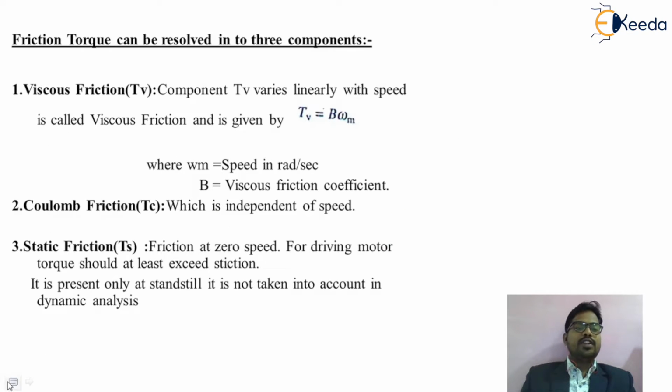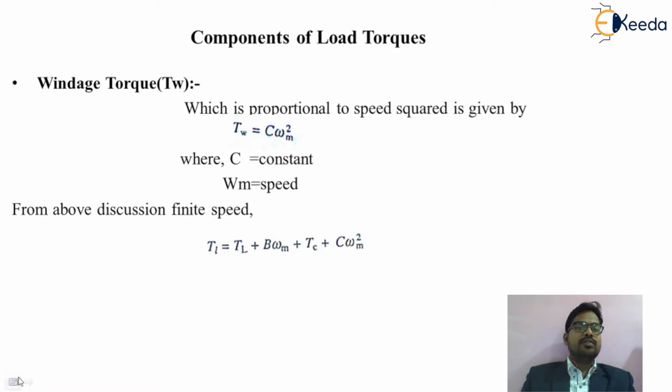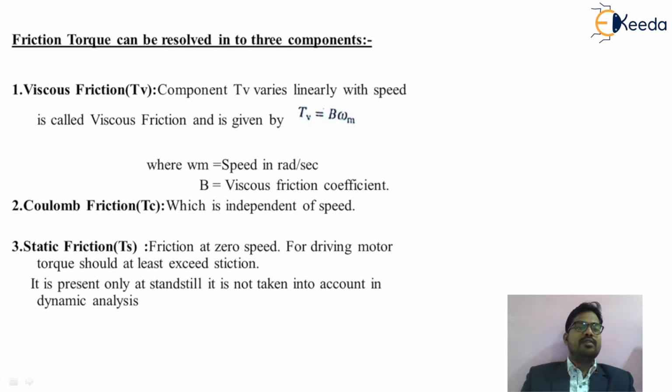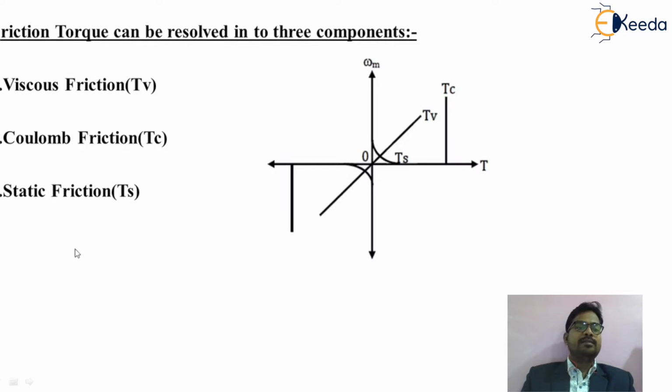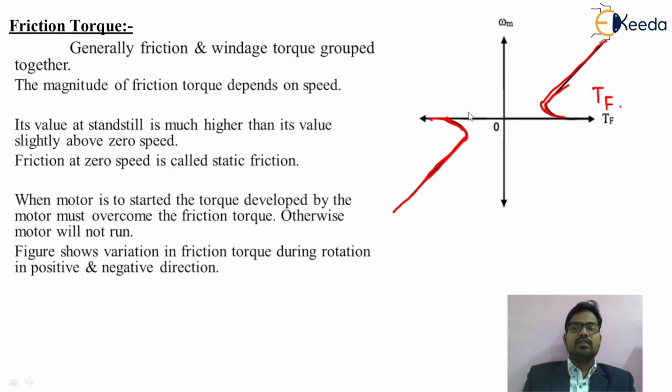Basically, in the friction torque we again get the values of the components. By means of this torque, the friction torque is resolved into different components. So this will be the value of TF in the negative direction, and this will be the value of TF in the positive direction.